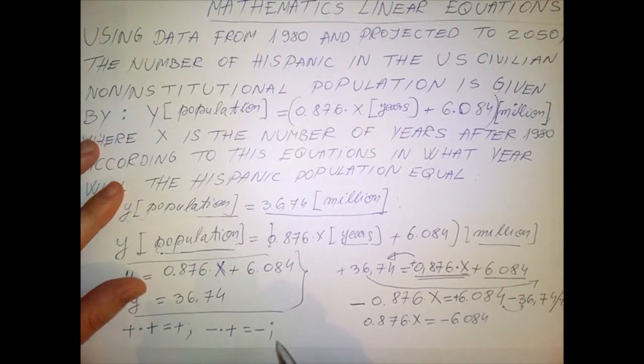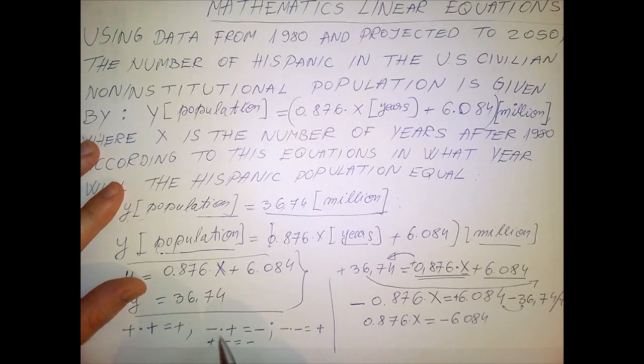and when we have both negative, it's plus, or when we have plus multiplying by minus, it's minus. When we multiply the same sign, plus to plus or minus to minus, we have the positive sign.